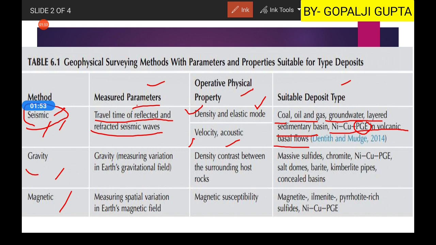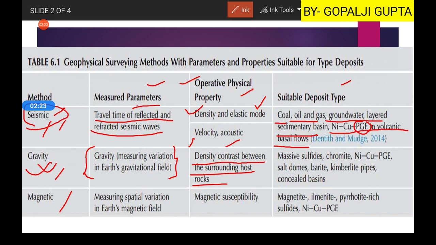If we talk about the gravity method, we use mainly the Earth's gravitational field as the parameter. The changes we get in gravity are known as the gravity anomaly, and that anomaly we use in the gravity survey. The physical property of rock we get is the density contrast between the surrounding host rock and the deposit rock.